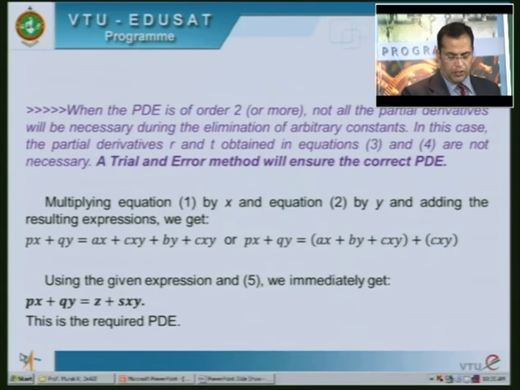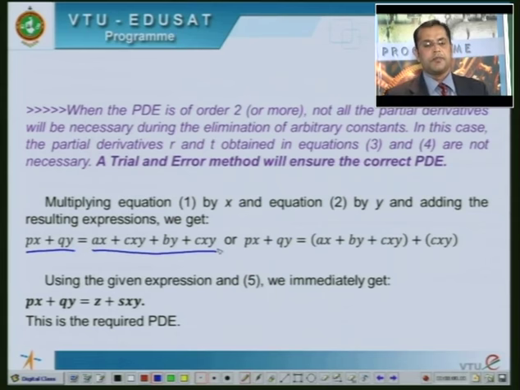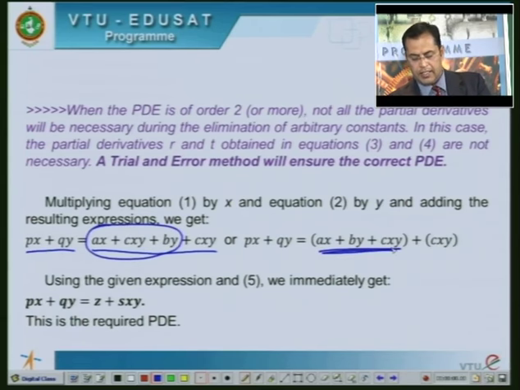So, when you multiply and add, I get px plus qy as ax plus cxy plus by plus cxy. Slightly rearranging, take these 3 terms together and write px plus qy as ax plus by plus cxy, then the remaining cxy let it be separate.